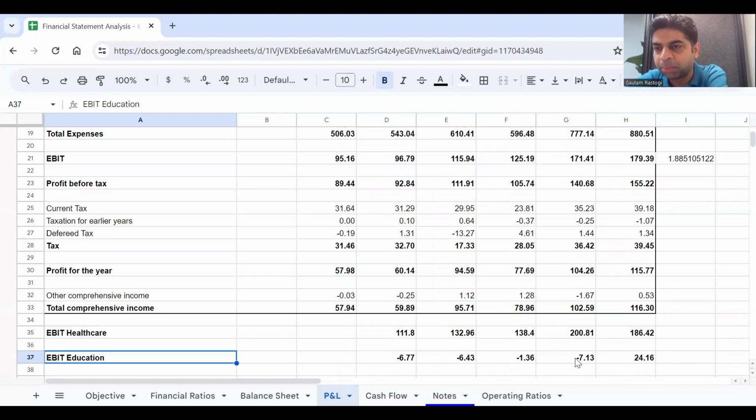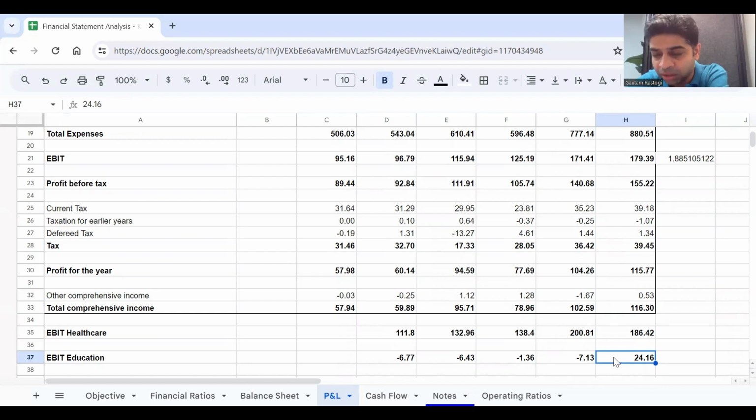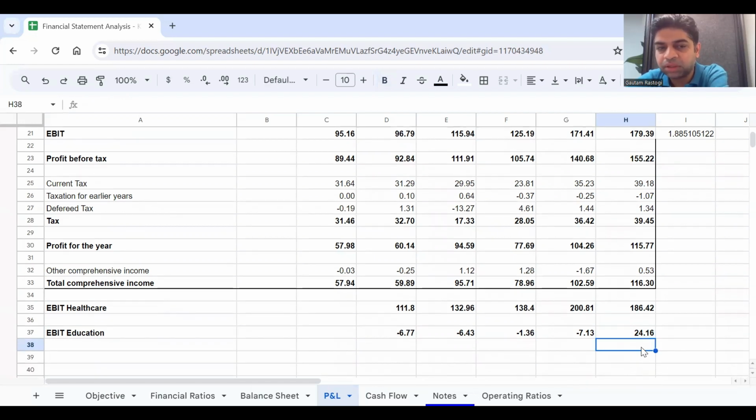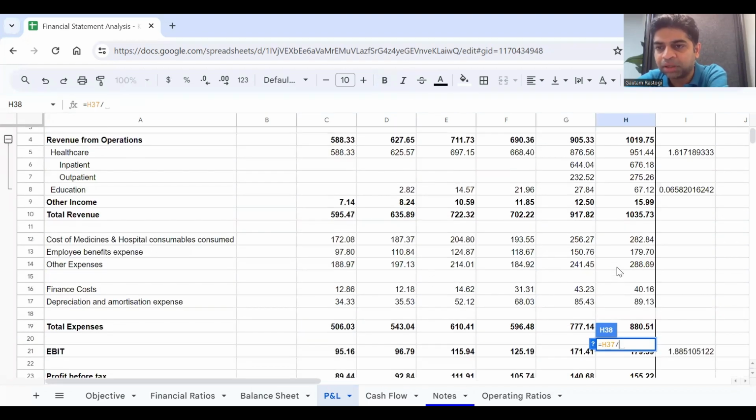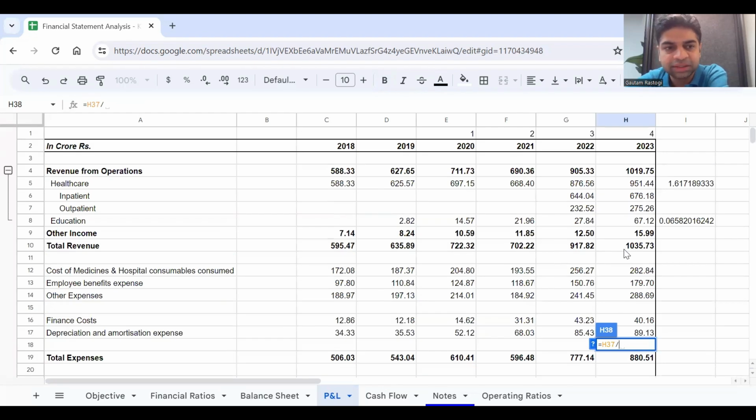It was not profitable until now, which is understandable because it's not running at its full capacity yet. Next year it will. It looks as if the education sector is yielding a slightly higher operating margin than the hospital or healthcare segment.